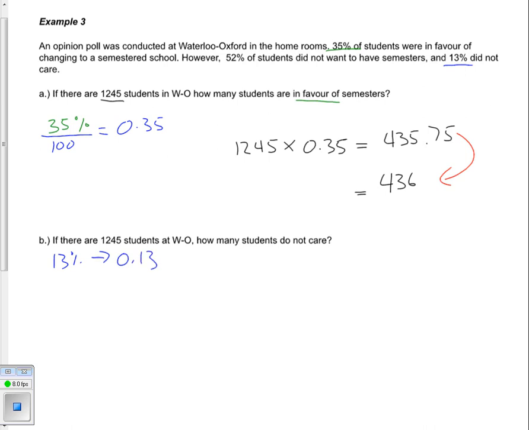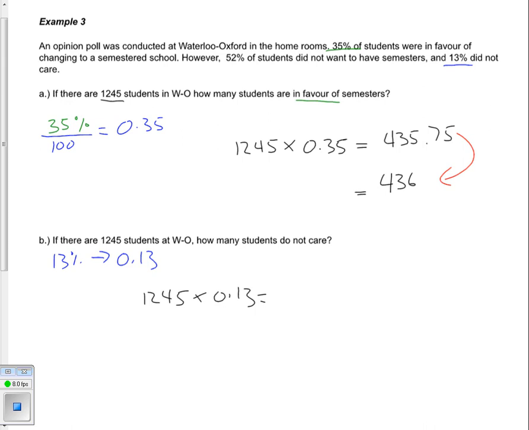Again, we still have the same number of total students in the building, 1,245. So we're going to do 1,245 times 0.13, and that's going to give us the number of students who are ambivalent. They don't care either way.